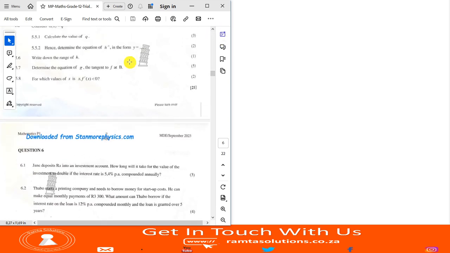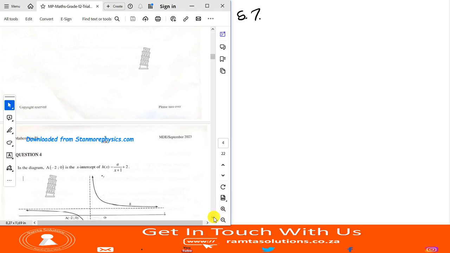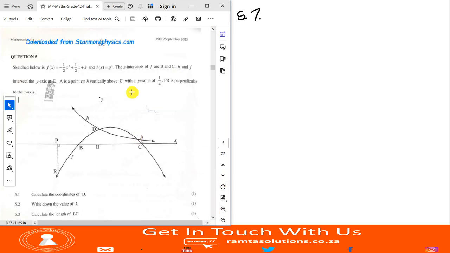5.7, determine the equation of G, the tangent of F at B. 5 points. Whenever we hear the word tangent, you must think first derivative.